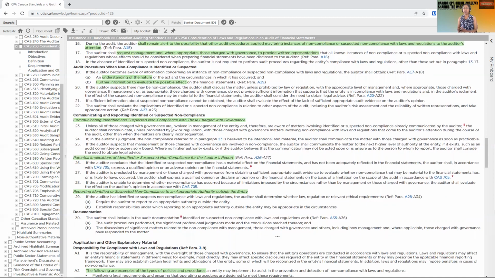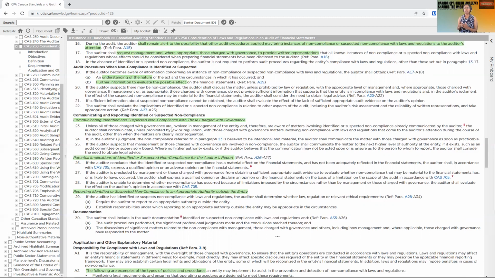What are you doing to avoid the occurrence or correct it? Suppose a provision was missed and not booked. If management says okay, we are ready to correct that non-compliance and the mistake, then the matter would be resolved.